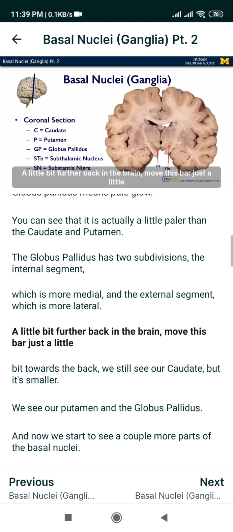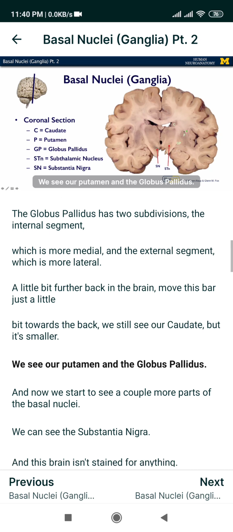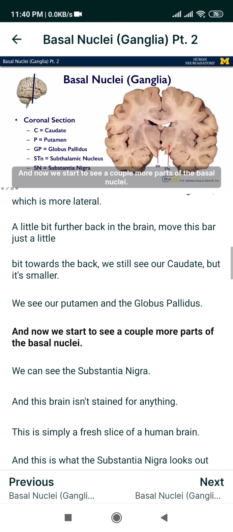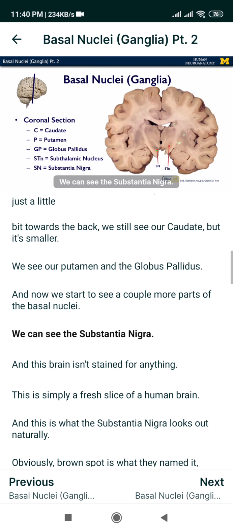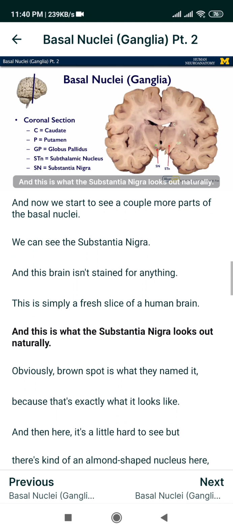A little bit further back in the brain, if I move this bar just a little bit towards the back, we still see our caudate, but it's smaller. We see our putamen and the globus pallidus. And now we start to see a couple more parts of the basal nuclei. We can see the substantia nigra. And this brain isn't stained for anything. This is simply a fresh slice of a human brain, and this is what the substantia nigra looks like naturally.